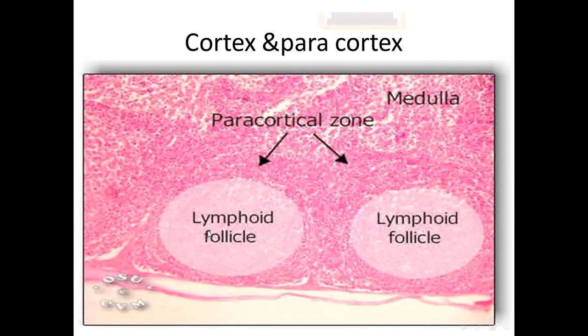When the lymphoid nodule has a germinal center, we call it a secondary lymphoid nodule. The secondary lymphoid nodules are also considered a site of B memory cells and plasma cells.